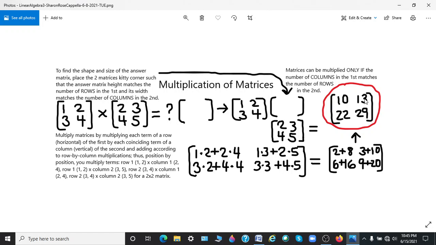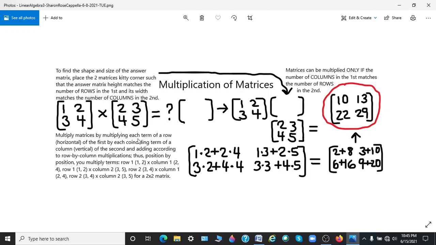Okay. So now the next one. What have we not done yet? We have 3 answers. What's the fourth? So 3 times 3 is 9, plus 4 times 5, which is 20. See how this works? As you move across over here, you move down over here.